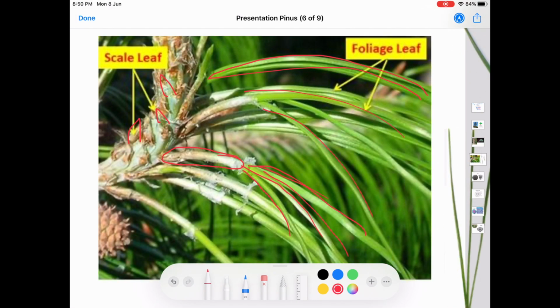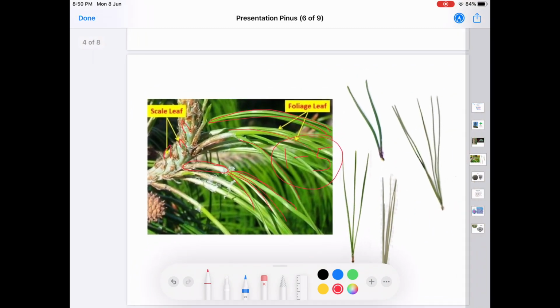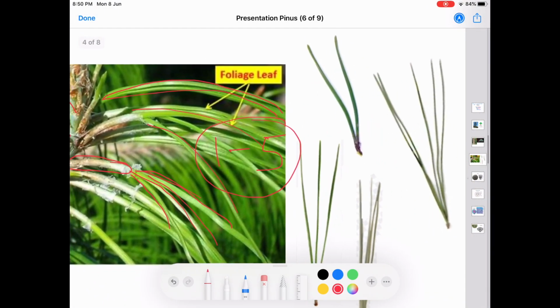The number of foliage leaves varies from 1 to 5 on a dwarf shoot. If a dwarf shoot is with a single foliage leaf, this is known as unifoliar or monofoliar.